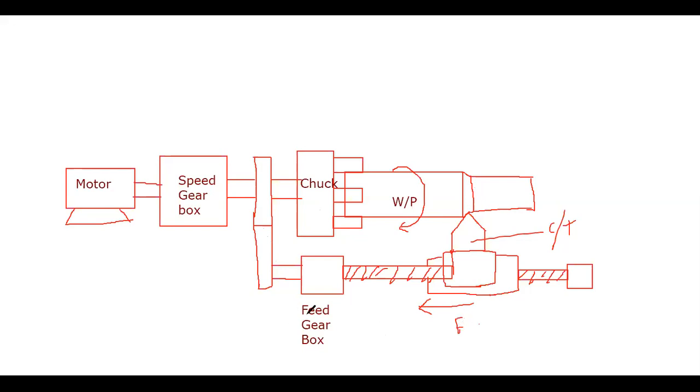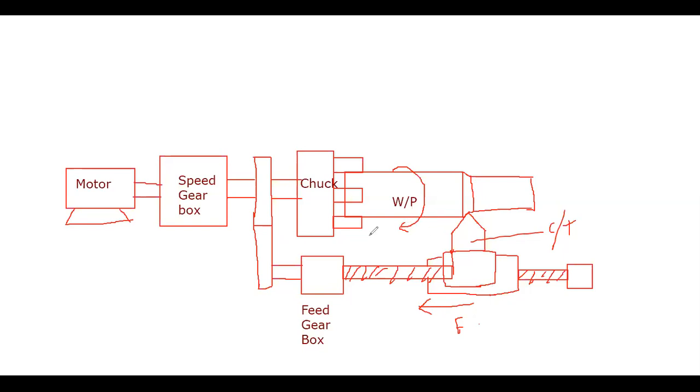Through this feed gearbox the rod is connected, and this is called the lead screw. Above this lead screw this portion is called the carriage, and in this carriage the cutting tool is connected in the tool post. So this is the entire construction.